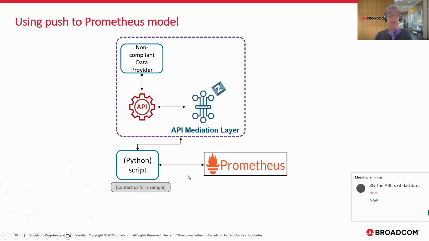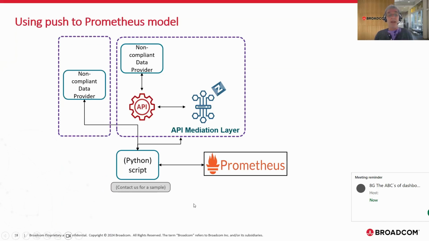And that may sound complex. However, if you go along this road and you need a node exporter, please send an email to myself or Rose, and we'll get you a working sample. Now, excuse me. So that works if I have a non-compliant data provider sitting behind an API, but essentially that could be anything, right?